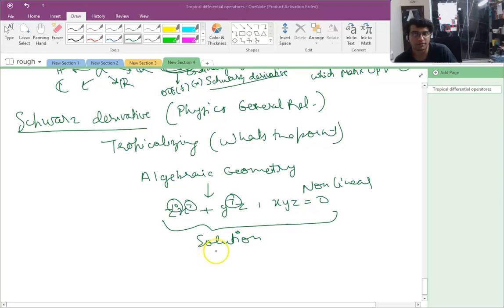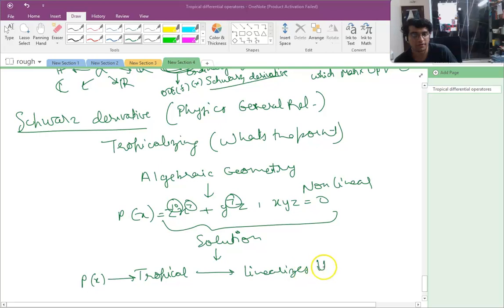So what do we do? We simplify it. What tropical geometry does, if this is my polynomial p of x, is take p of x and linearize it. So it loses some information, but it keeps enough for you to know some basic things, like intersections with other polynomials.